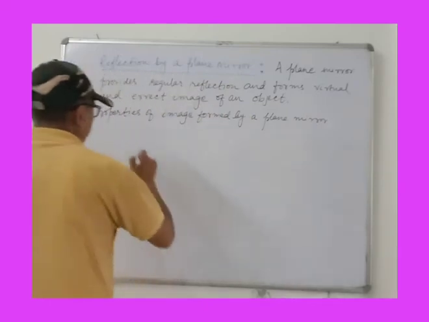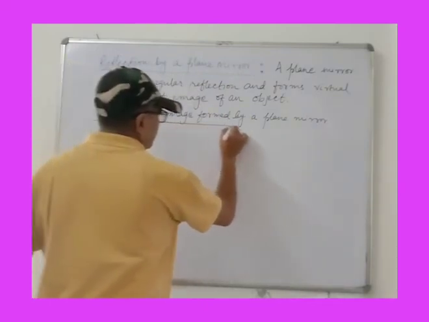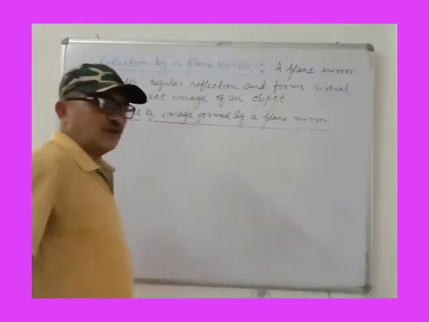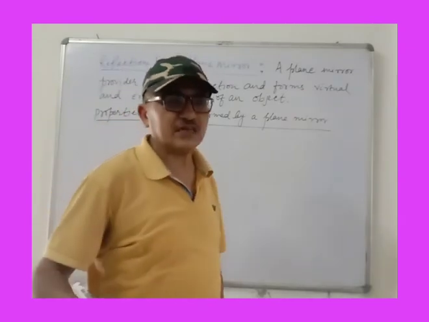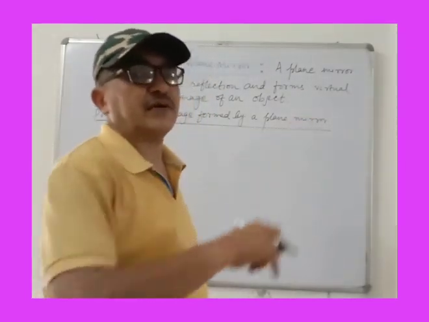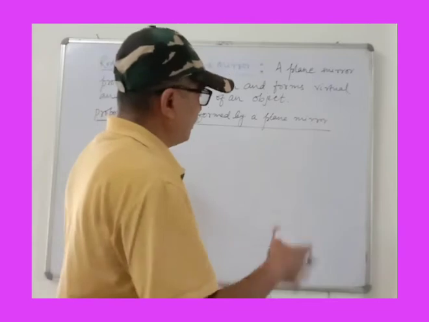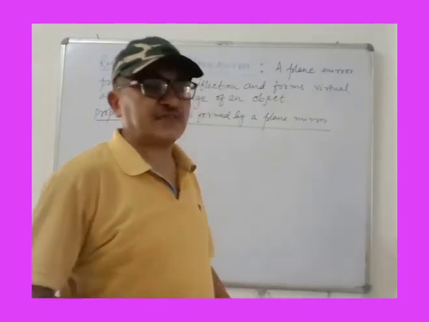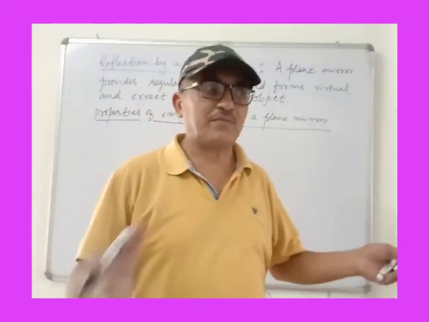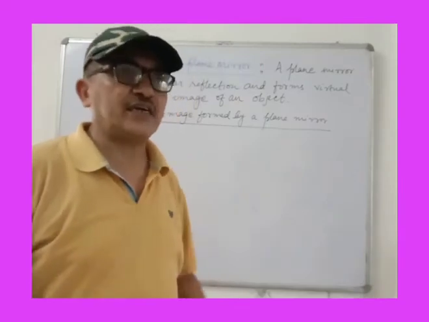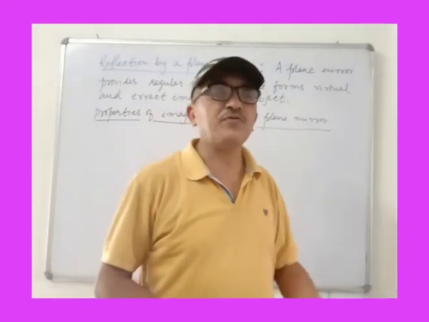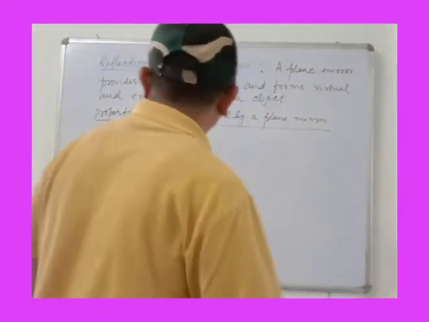This we will do, and laws of reflection we have not done. I want to do laws of reflection in the middle part. Let me finish the basic concepts about reflection. Plane mirror. Before we enter into spherical mirror, we will do laws of reflection.